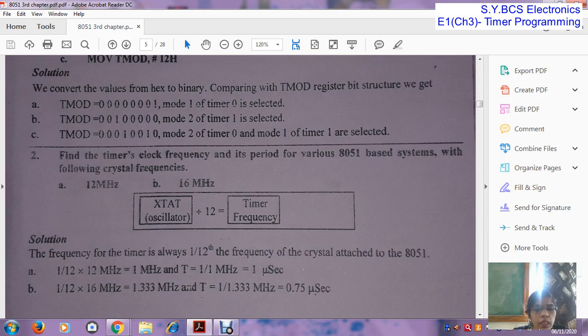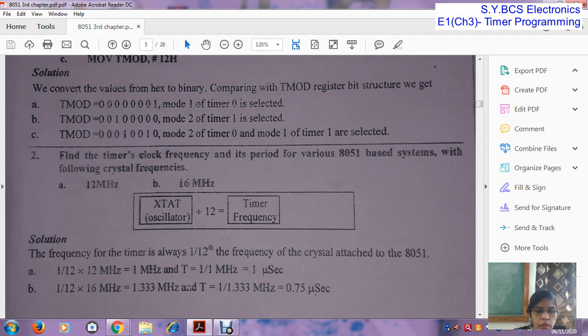If we get the timer frequency, then we can find the time delay. Time is the reciprocal of frequency, so time delay is equal to 1 upon timer frequency, and for 1 megahertz it is 1 microsecond. Now if the crystal oscillator frequency is 16 megahertz, then divided by 12 we get a 1.33 megahertz timer frequency.